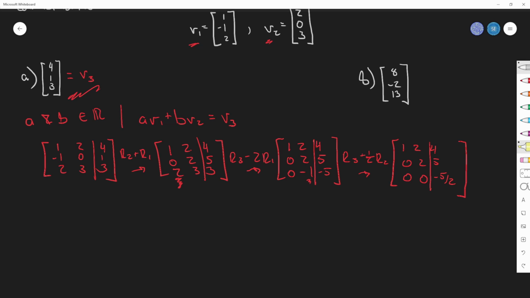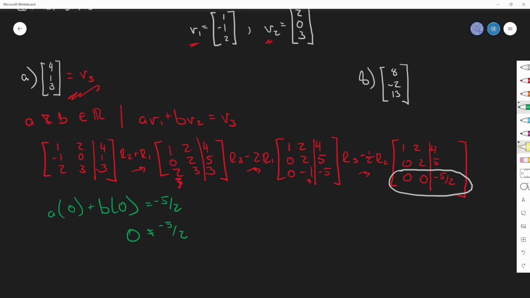We can notice that this portion we might have a bit of a problem here, because if you multiplied our constant a by 0, then added b times 0, and you want it equal to negative 5/2, the entire left side would just be 0, but that is not equal to negative 5/2.